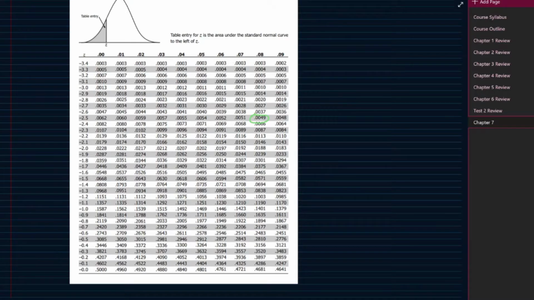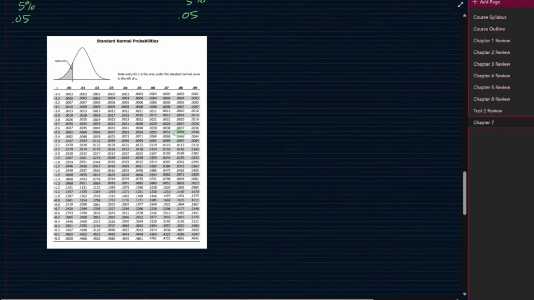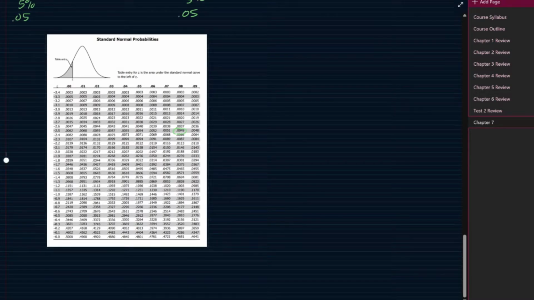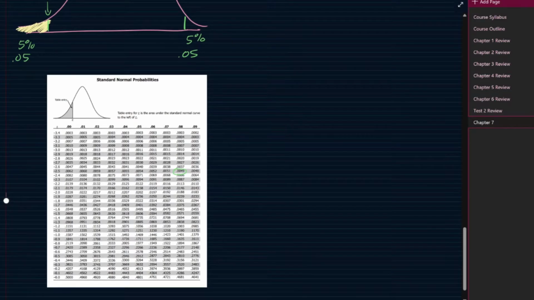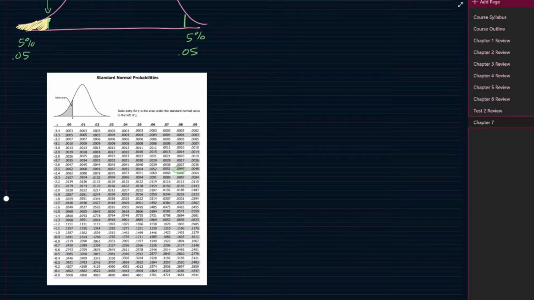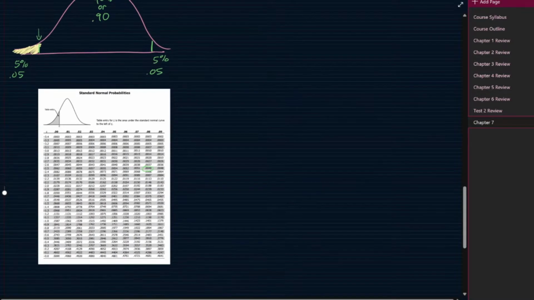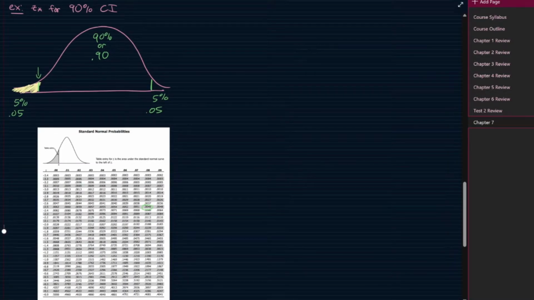So that would be our z star for that. Or sorry, the z star is the positive of this. Right? This z-score is negative 2.58. And this z-score on the right is positive 2.58.